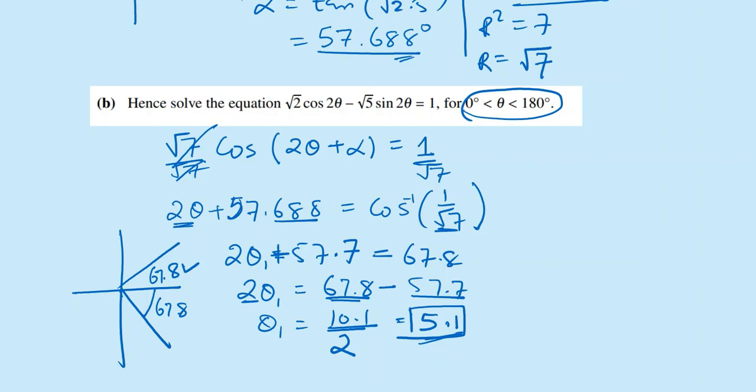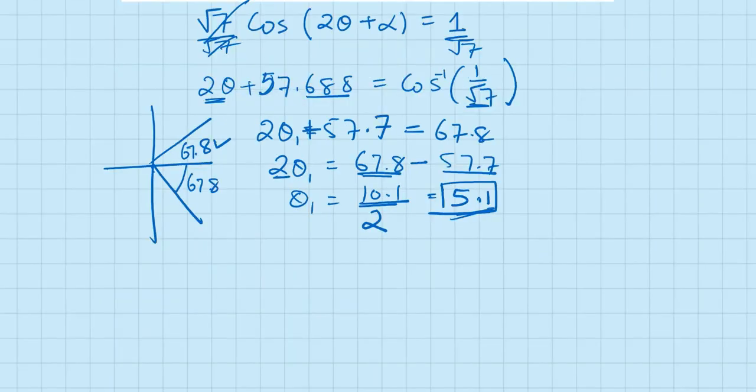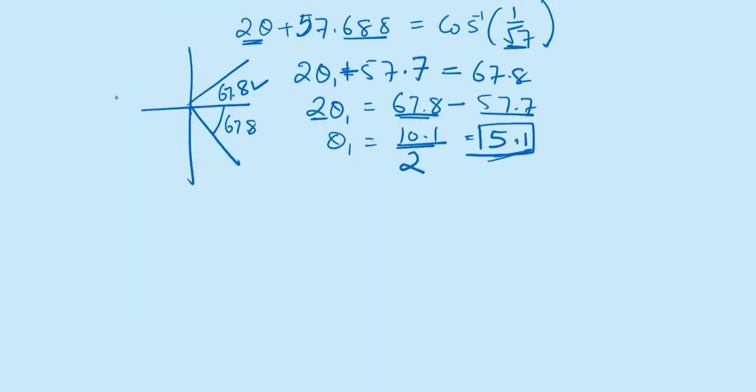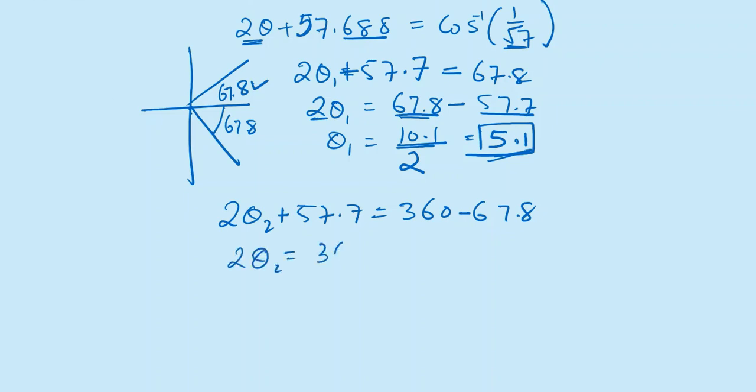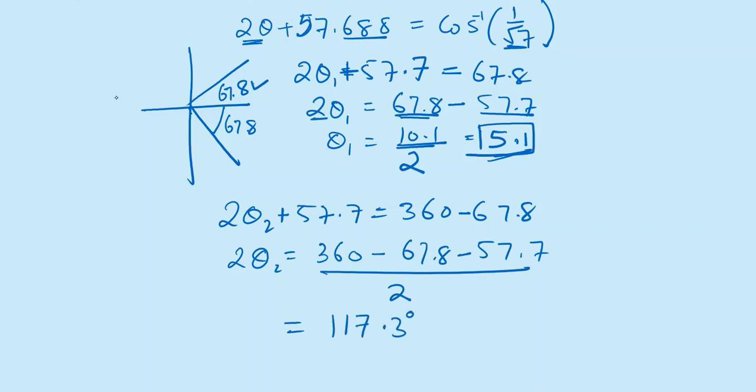Second angle will be 360 minus 67.8. So 2 theta 2 will be 360 minus 67.8 minus 57.7 divided by 2, and that is equal to 117.3 degrees.